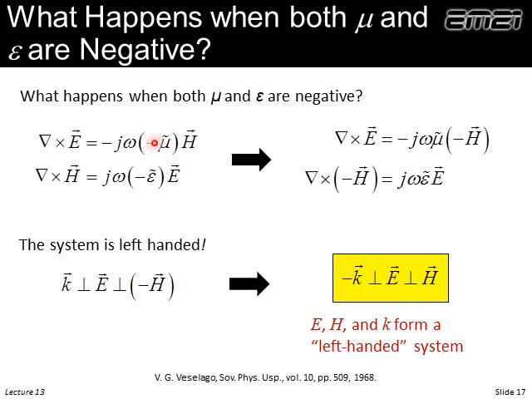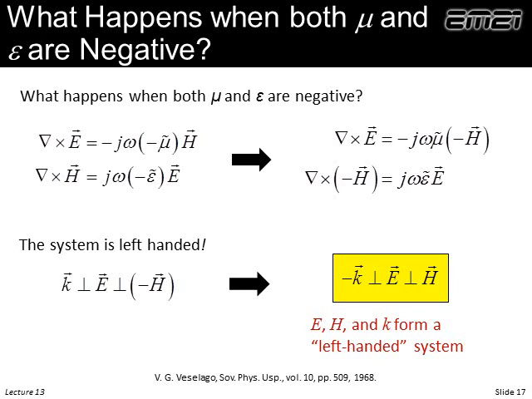The next thing we'll do, we'll take these negative signs and associate them instead of with mu and epsilon, with H. So in our top equation, we move the negative from the mu to the H. In the bottom equation, we move it from the epsilon over to the H on the left-hand side. Now for right-handed materials, E and H and K, where K is the wave vector, that's the direction the wave is propagating, they're all at 90 degrees with respect to each other.